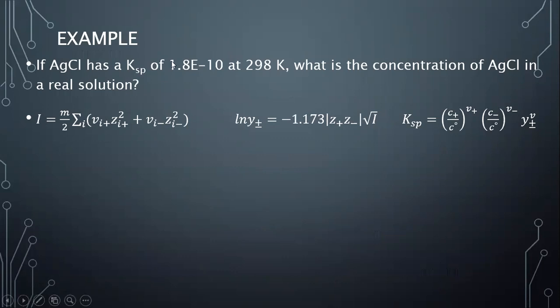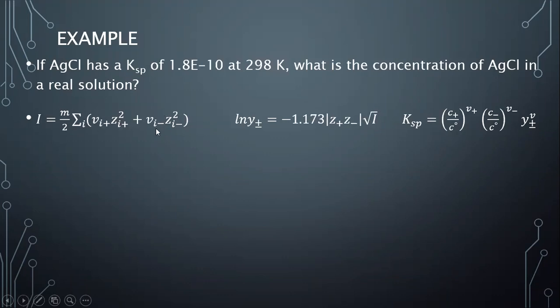So we're going to start with silver chloride, assuming 298. What is the concentration of silver chloride in a real solution? You need these equations, where this is the average molality. This is assuming the molality of silver and the molality of chloride are the same. Now we can figure this out.